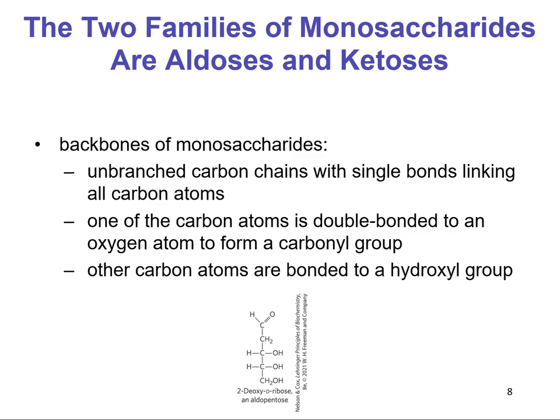Within monosaccharides, we've got two families, aldoses and ketoses. You can probably guess that aldoses have an aldehyde, and ketoses have a ketone. When we're looking at the backbone of a monosaccharide, and this is just the linear form here, we've got unbranched carbon chains with a single bond linking all the carbon atoms.